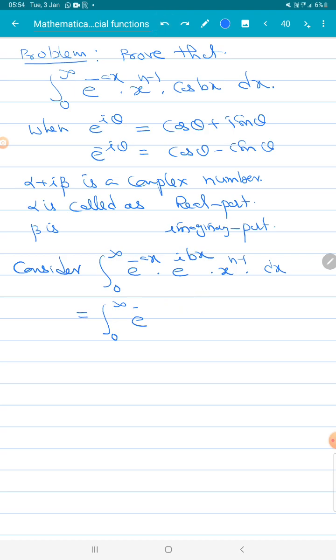e power minus (a minus ib) x into x to the power of n minus 1 into dx.